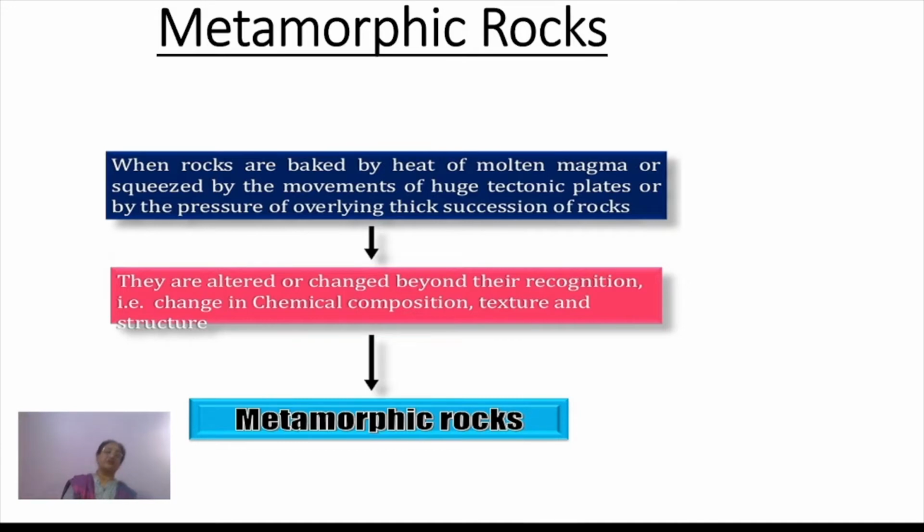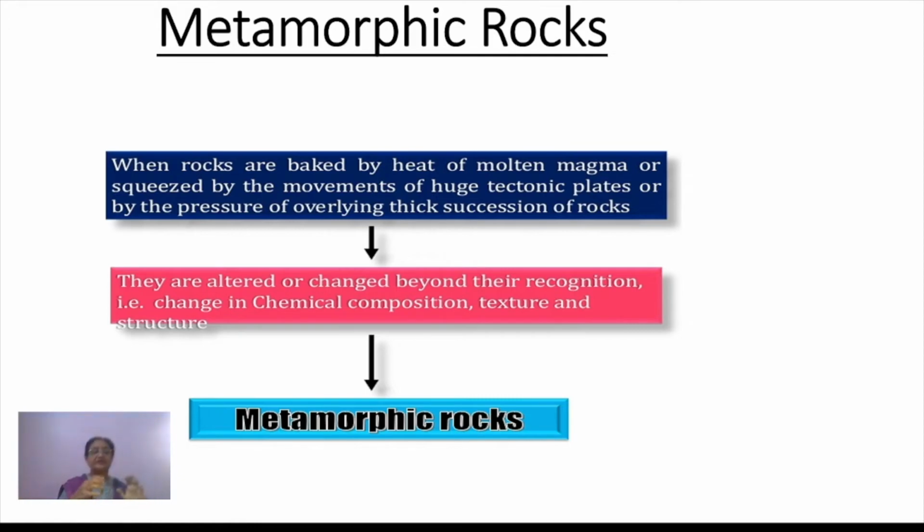Now metamorphic rocks: when rocks are baked by the heat of molten magma, or squeezed by the movements of huge tectonic plates, or by the pressure of overlying rock layers, they are altered or changed beyond recognition.